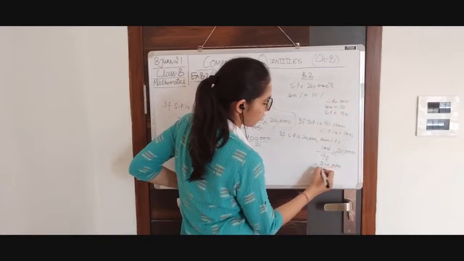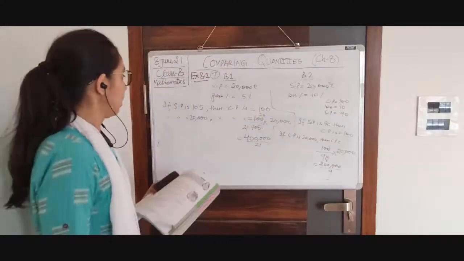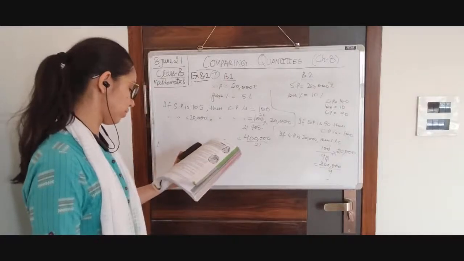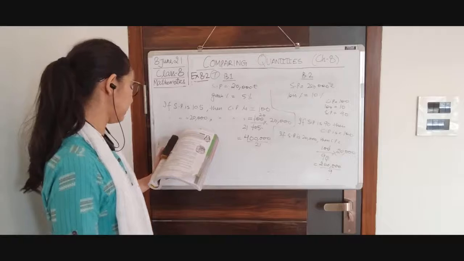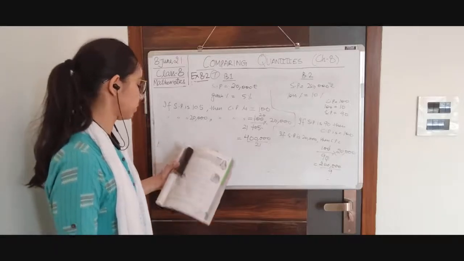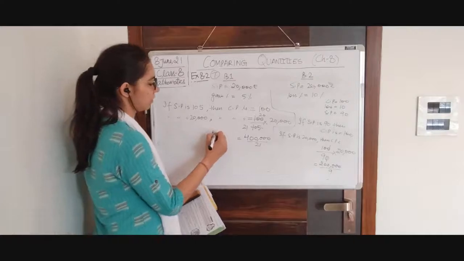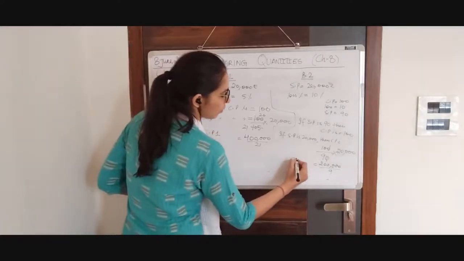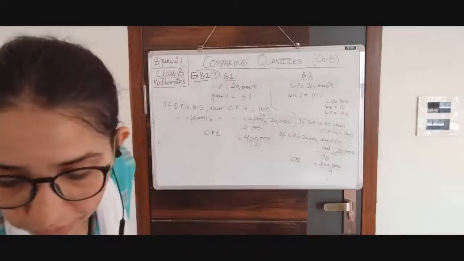It will be 200,000 divided by 9. Now we have to find out net gain or loss. We have CP of both. CP1 is this and CP2 is this. Now we will write it into decimals.